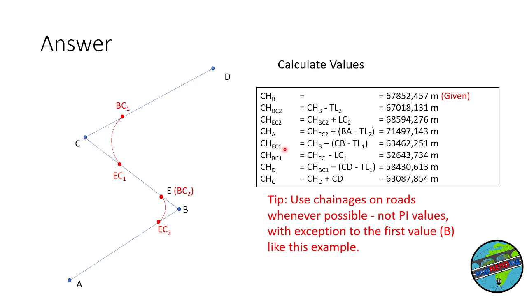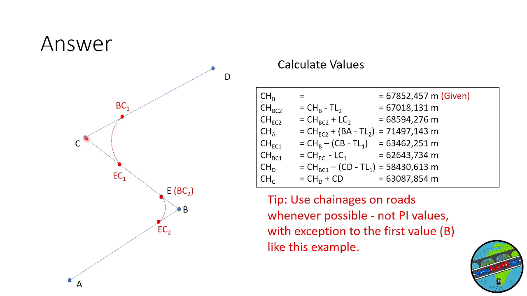Alright, now for EC1, it's a little bit more complicated. We need to work out what this length is between BC2 and EC1. Because we're going backwards, we know we need to minus a distance. But to get this distance, the best way is to consider this tangent length and the full length which we calculated of CB.